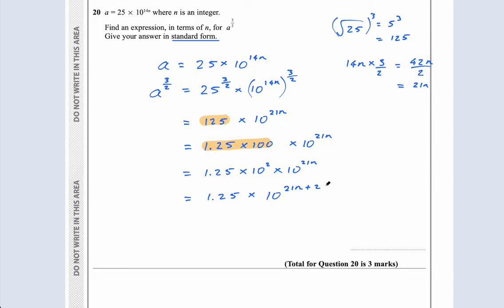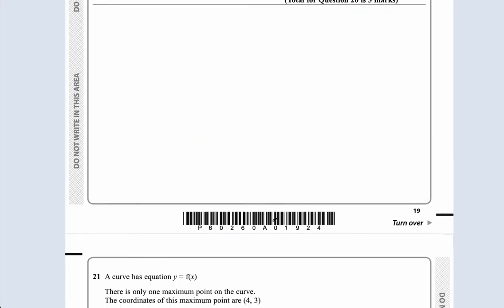So that's the answer. 1.25 times 10 to the power of 21n plus 2. It's in standard form because it's some number times 10 to the power of another number. Okay, not an easy question, guys, obviously, but I don't know, maybe manageable.